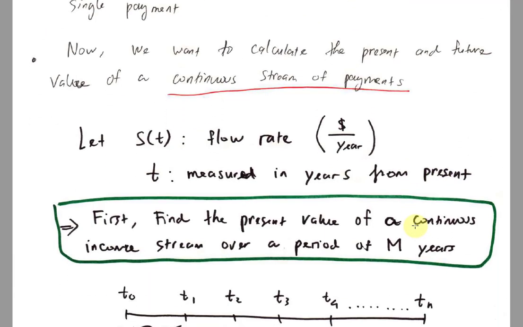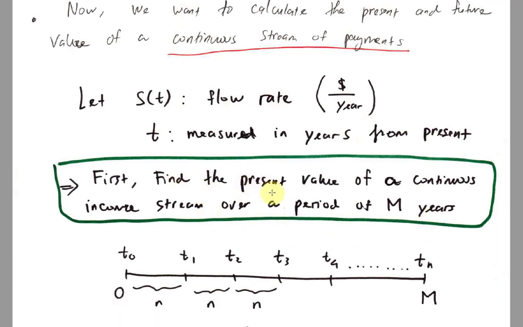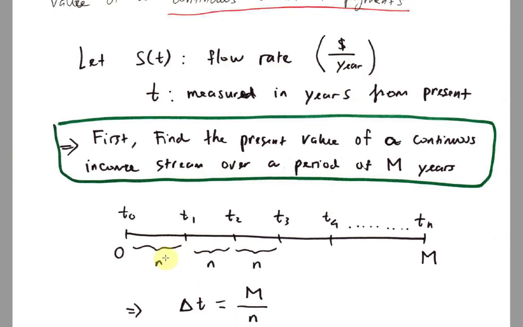So first thing is we need to find the present value of a continuous income stream over a period of m years. So let's say we have the year 0 up to the year m, and we can divide that into n sub-intervals: t0, t1, t2, t3, t4 up to tn.